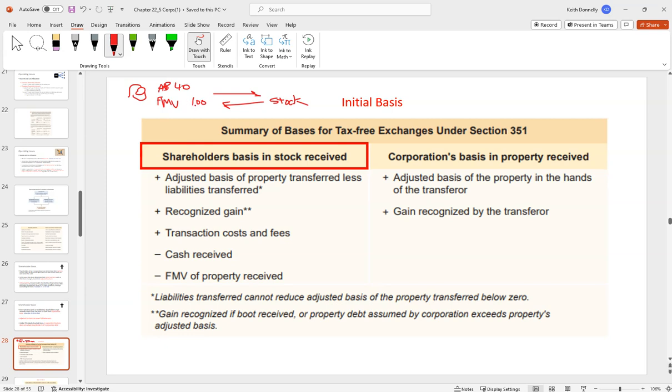We treat it like you sold it for 100 minus 40, which gives you 60. But if you meet 351, which basically says you give property for stock and thereafter you control the corporation, you own 80%, or the control group measured collectively owns 80%, we kick the can on this gain until later. So it's deferred.